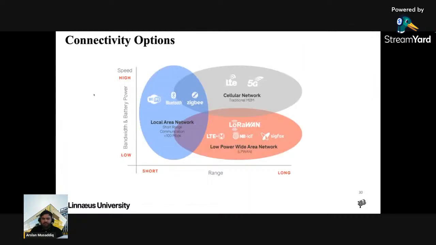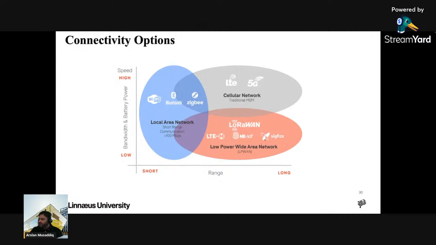As I mentioned before, these connectivity options provide different speed, range, or battery power consumption. For example, here you can see in the blue, we have Wi-Fi, Bluetooth, and Zigbee. They provide shorter range but higher speed. And since they provide higher speed, they consume more battery power.